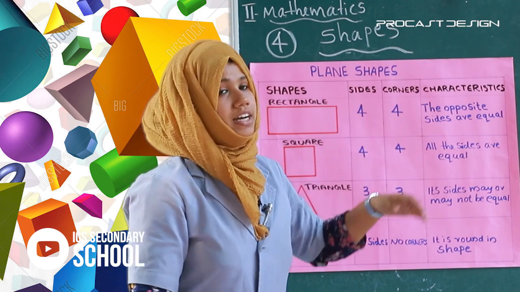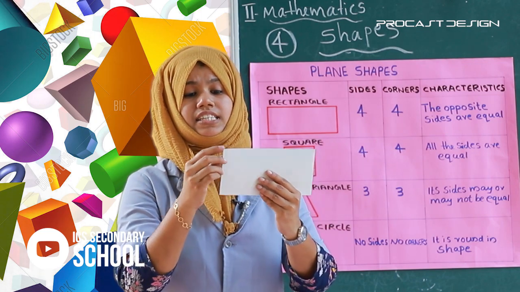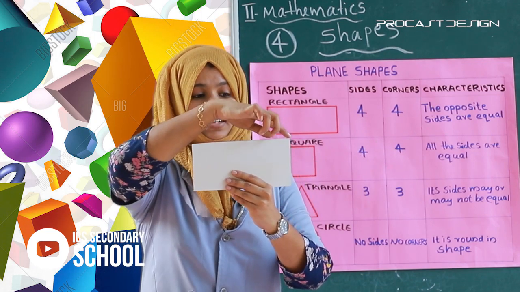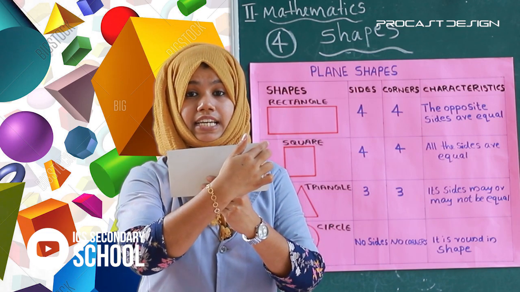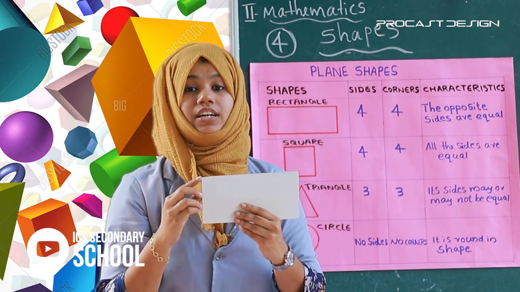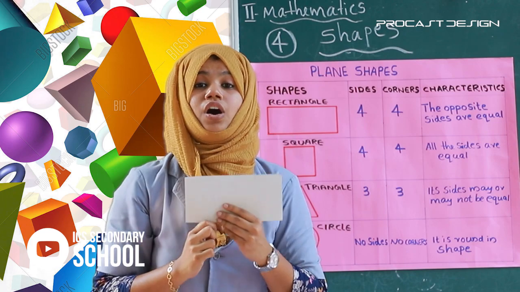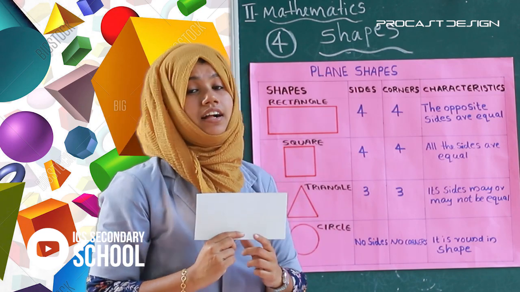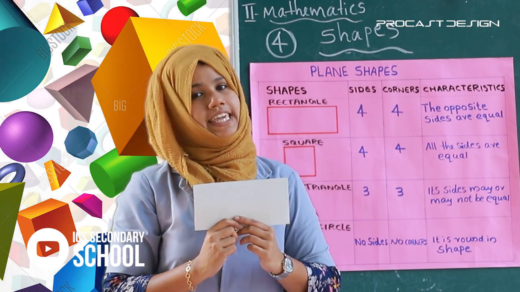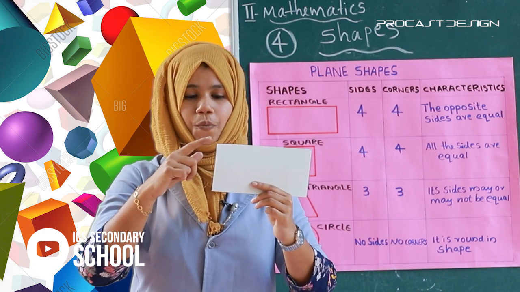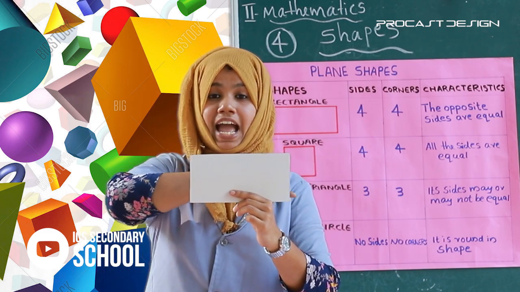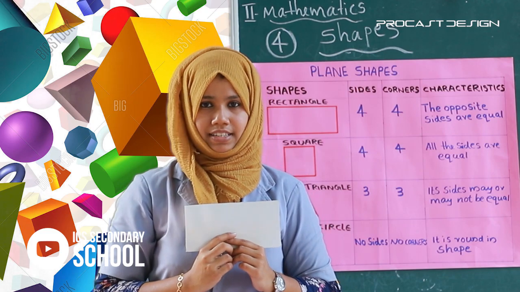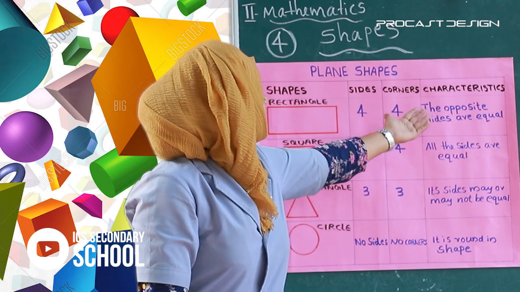Next is corners. This is the corner. Where 2 lines are meeting at a point, that is a corner. How many corners in a rectangle? Yes, 4 corners are there: 1, 2, 3 and 4. And what is the characteristic?